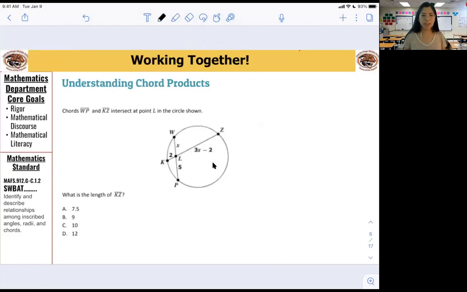All right, so first thing is first, I'm going to set up my equation. Can somebody set it up for me just using the lengths? Don't put numbers in yet. What are the lengths? So set it up, using the letters, like the line segments.